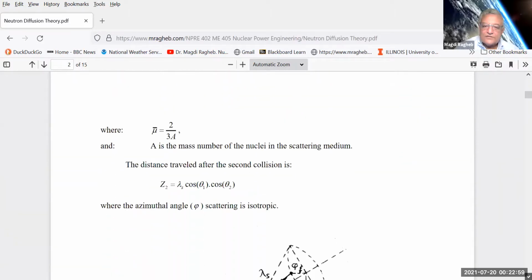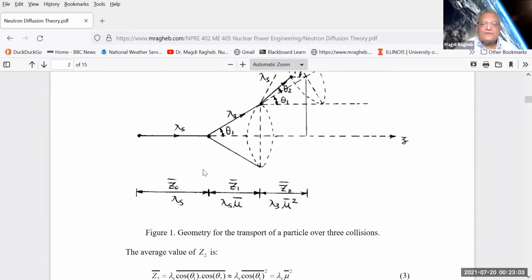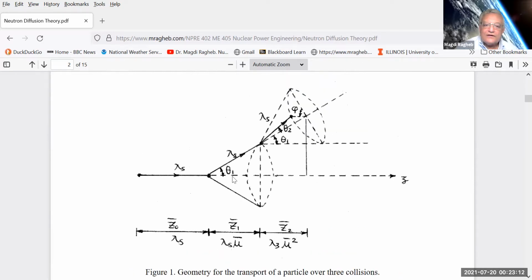The transport cross-section is basically a description of how a neutron scattering away from a nucleus diffuses directionally away from the nucleus. So in fact, you'll find that the cross-section or the mean free path is not just lambda sub s, but it's also the mean free path projection according to the angle of scattering on the same line.